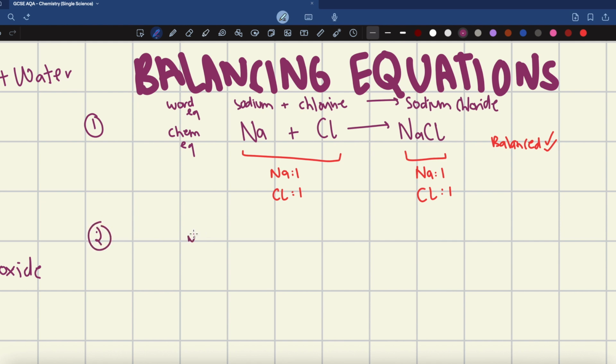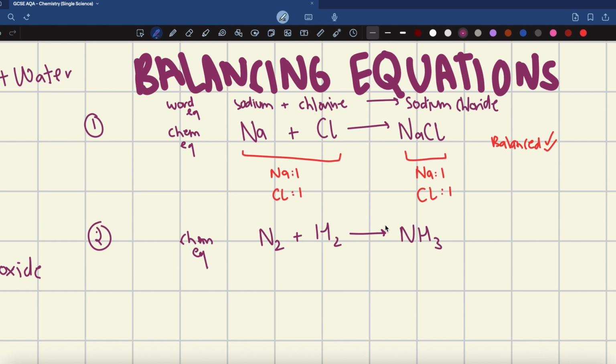Let's take the example of a chemical equation that is not balanced, so things become clear to you. We've got nitrogen gas reacting with hydrogen gas to form NH3, right? What is NH3?